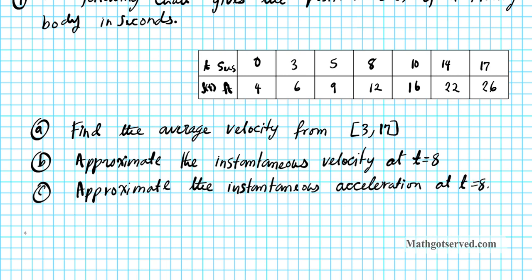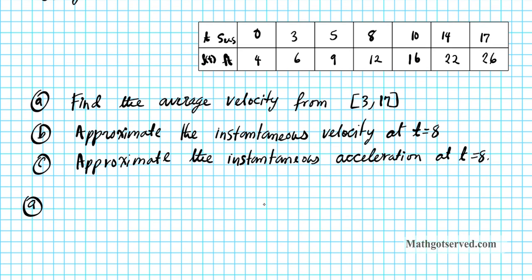Alright, let's start from the first part. Part A is to find the average velocity. Before we do that, let's write down the formulas for the average velocity and average acceleration. The average velocity is equal to delta s over delta t.